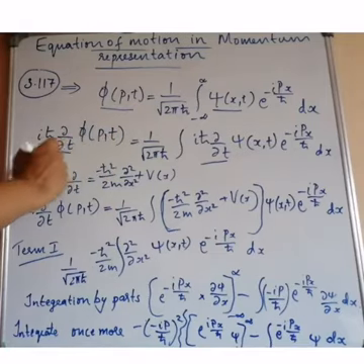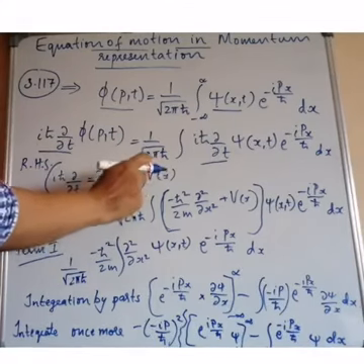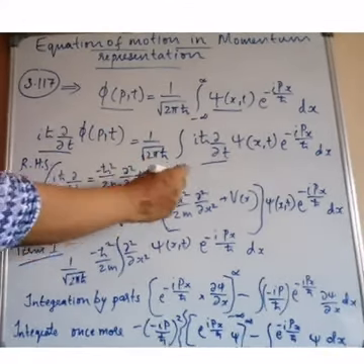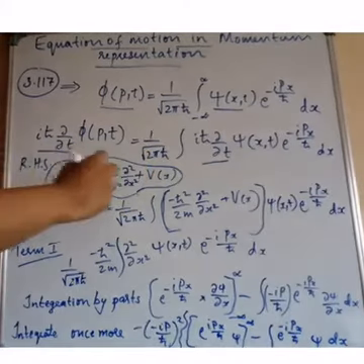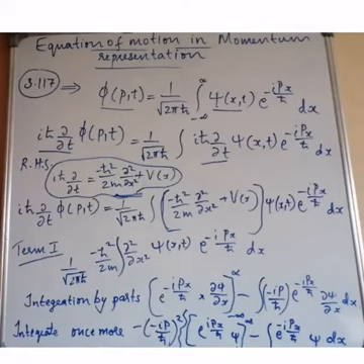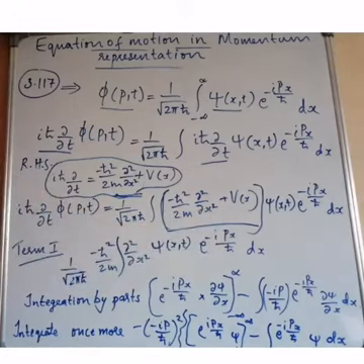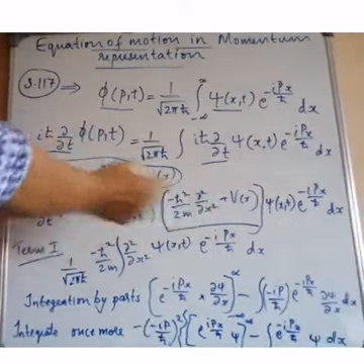Let us substitute on the right hand side: iħ ∂/∂t is substituted with the Hamiltonian operator, that is minus ħ² by 2m ∂²/∂x² plus V of x. I have substituted only on the right hand side.